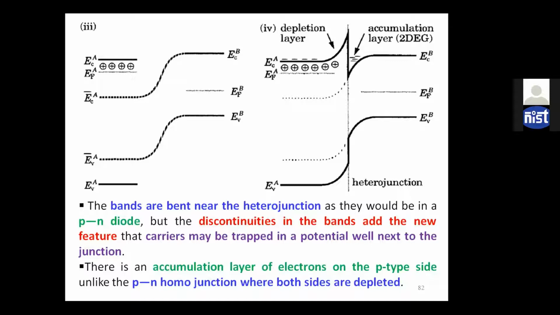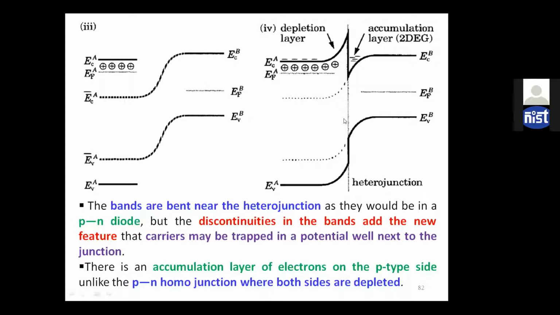After that, you can shift the ECA on side A to ECA bar. That means this ECA can be shifted to ECA bar and EVA to EVA bar.